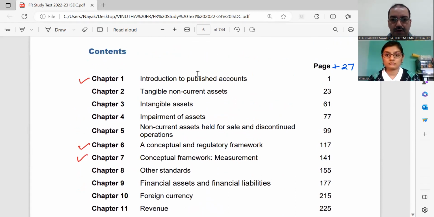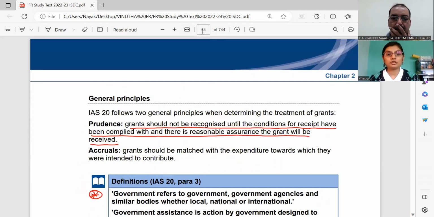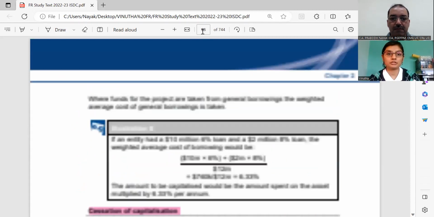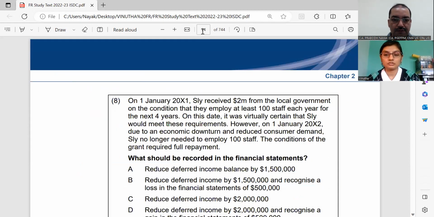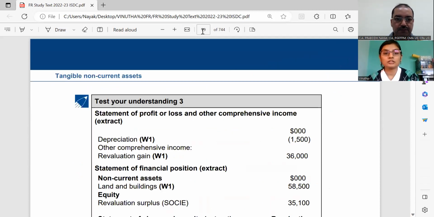We were doing tangible non-current assets. Yes, sir. Today we need to start with the investment property, IAS 40.